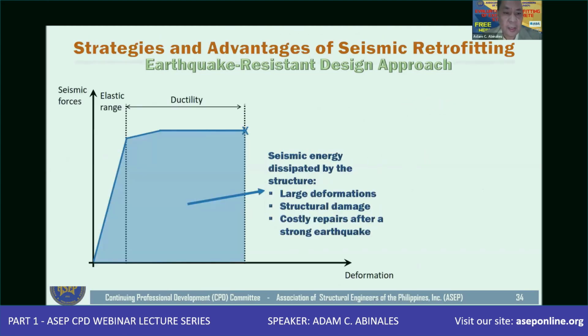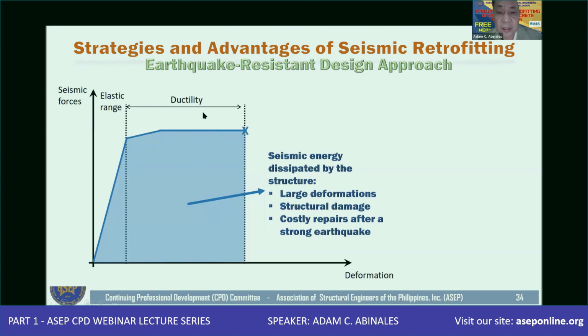So looking at this graph here, the force and displacement curve, within the elastic range we design our structure, and that is the premise of the code. Now, if we push further for the structure to be able to sustain forces due to base shear or due to earthquake, then the structure must have the capacity to absorb further deformation if it is properly designed for ductility.